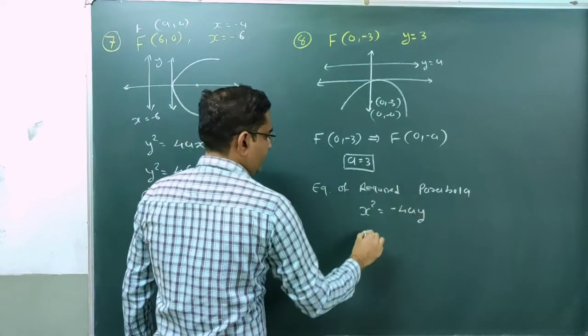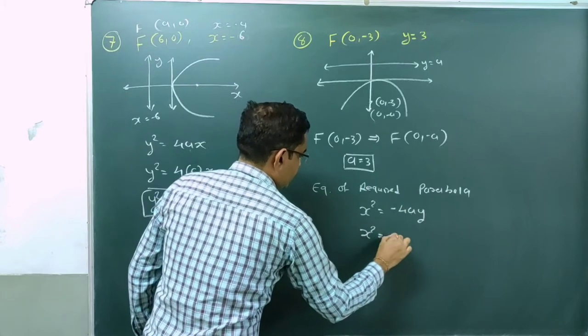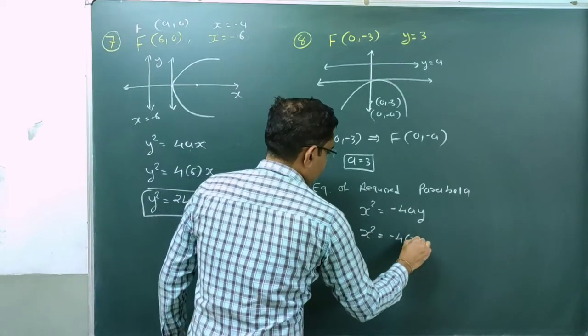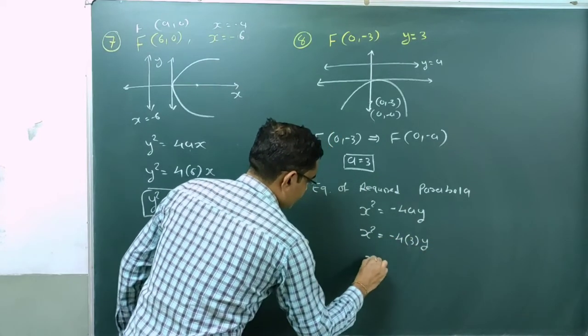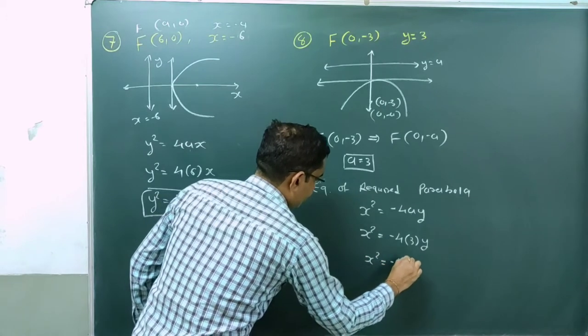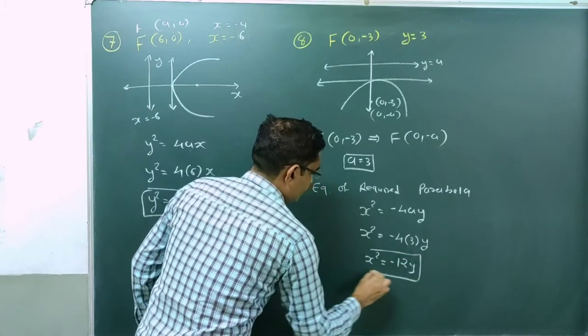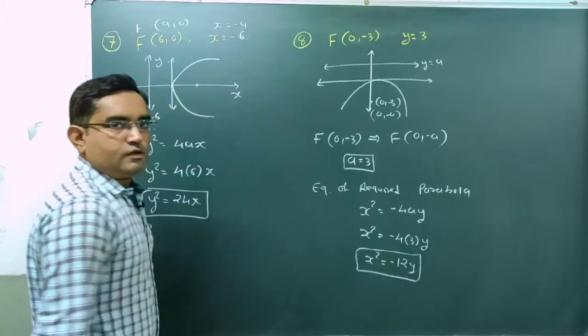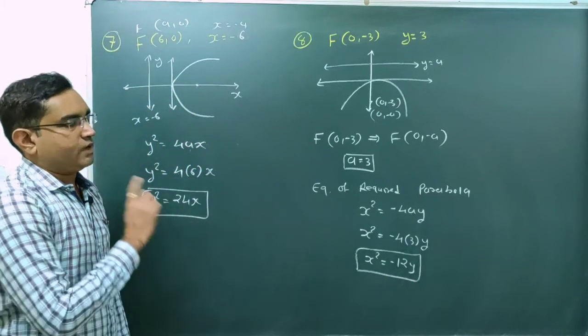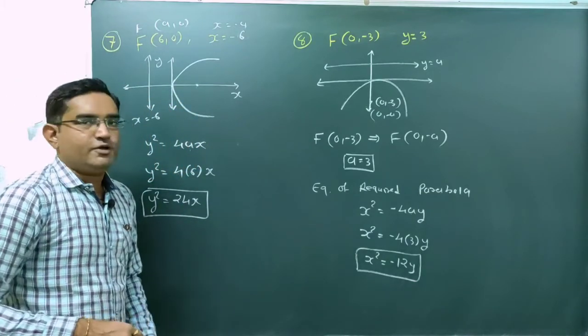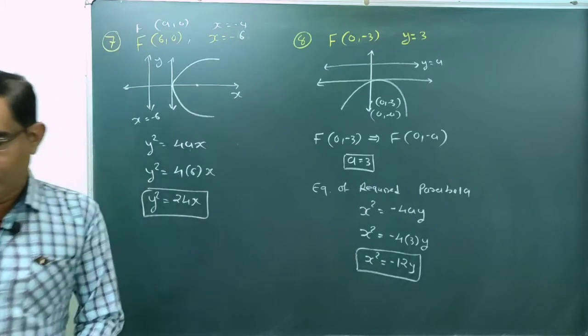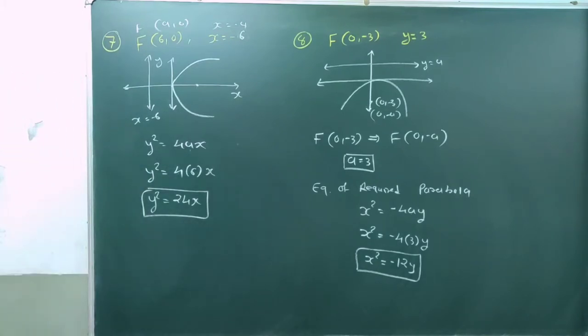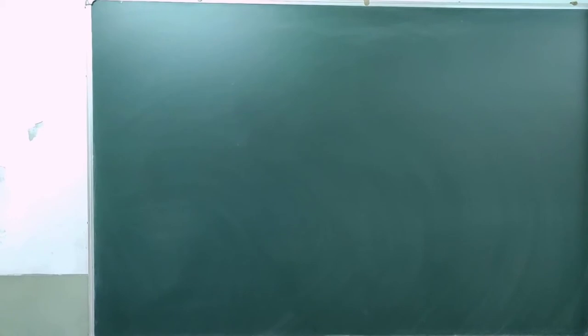Put a equal to 3. So x square equal to -4 into 3 into y. So x square equal to -12y is the required equation of this parabola. Clear students? Now pause this video and note it down. Question number 9.